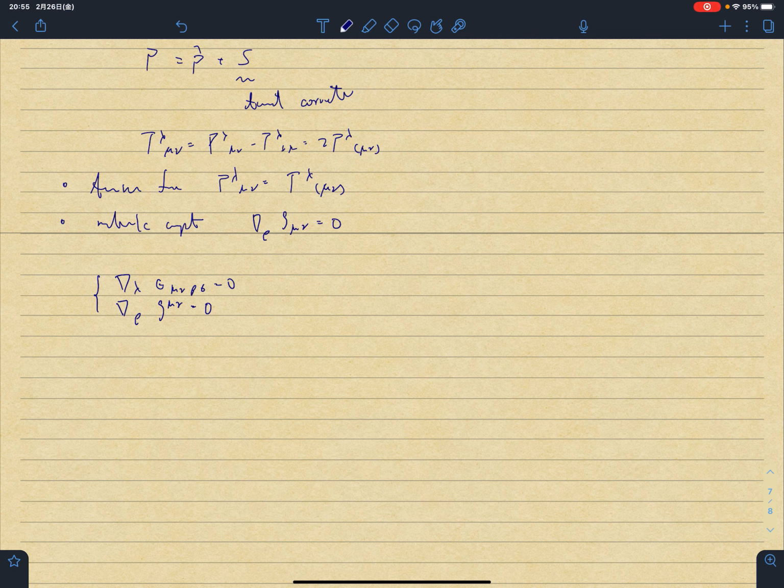For some vector field v lambda, lowering the index and taking the derivative is also zero, since this is the inverse metric.